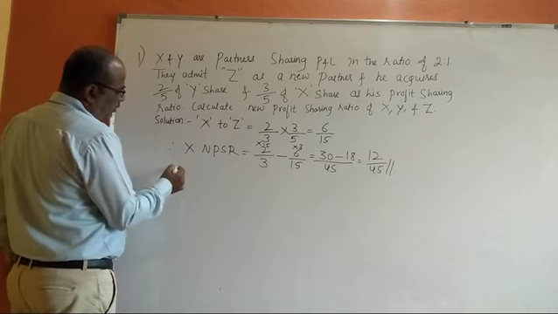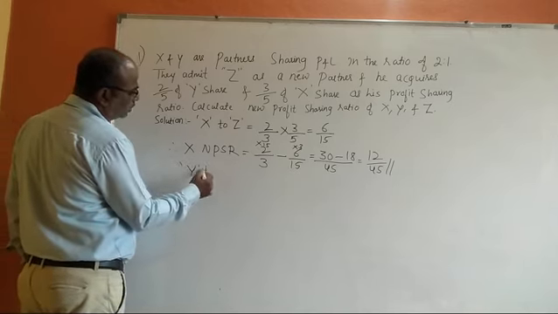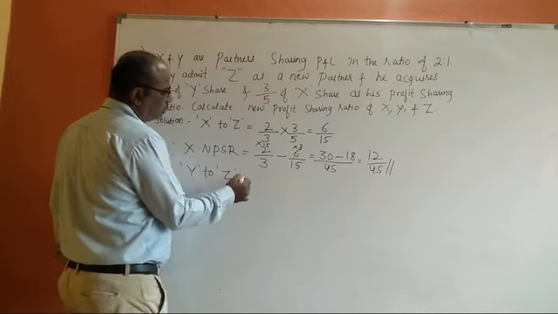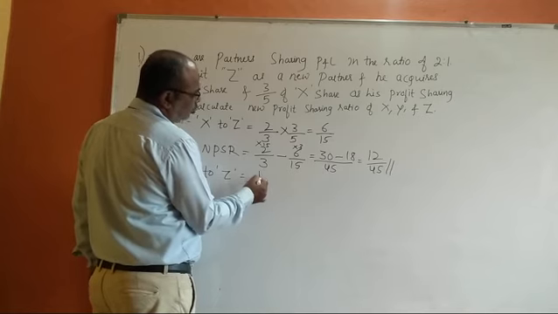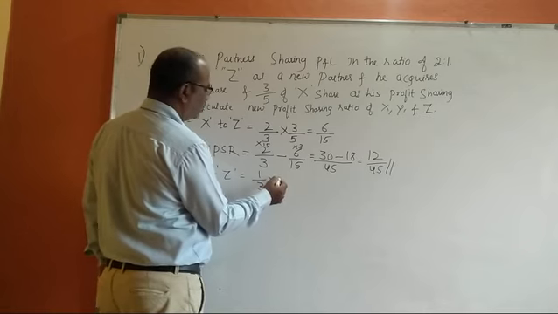Now let us see the new profit sharing ratio of Y. First we will see how much he has given towards the share of the new partner Z. So his old ratio was 1/3 and he has contributed 2/5.